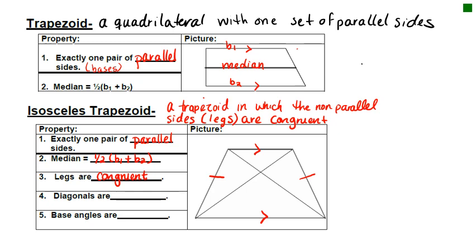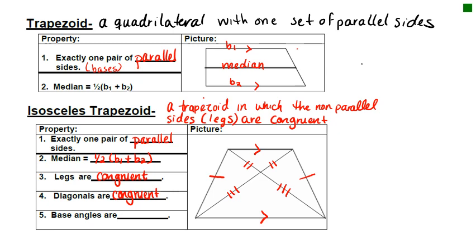Okay, the diagonals are also congruent. In fact, the diagonals split it so that this triangle here is congruent to this triangle here. Those two triangles are congruent. So this piece is congruent to this one, and this piece is congruent to that one.